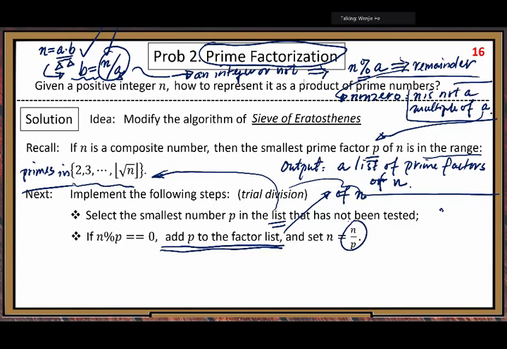The quotient is the remaining part after we take out the current prime factor p. So next round, we keep taking out more factors from the current variable n. Repeat the process.